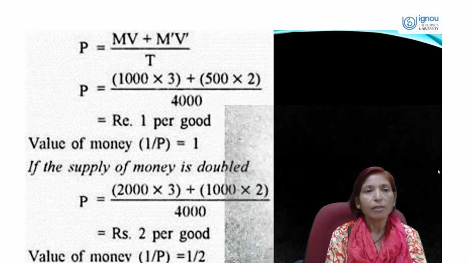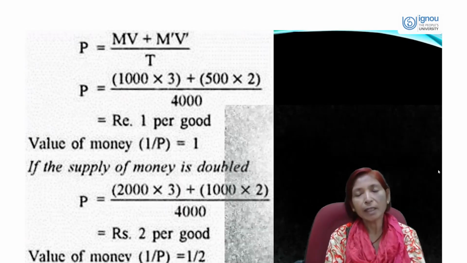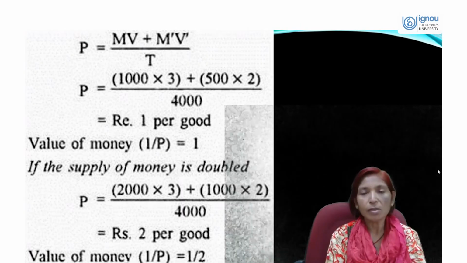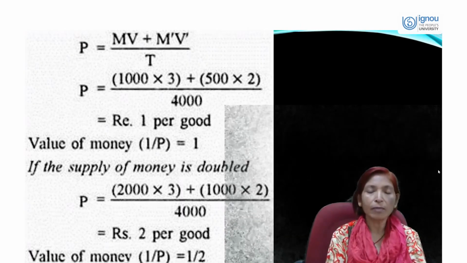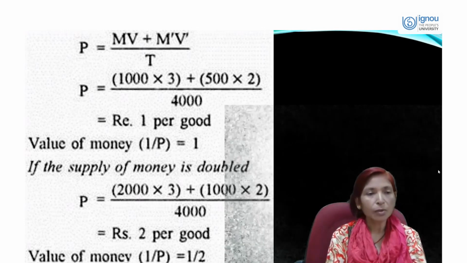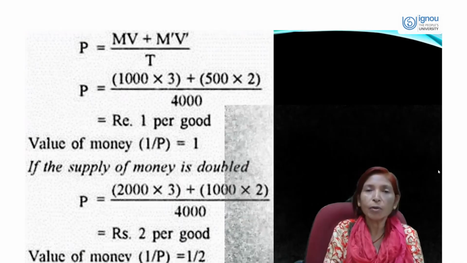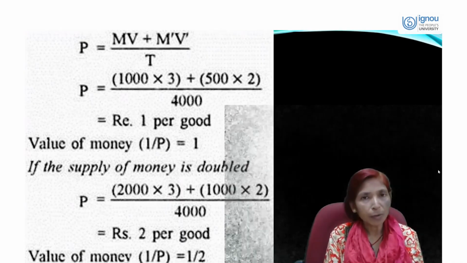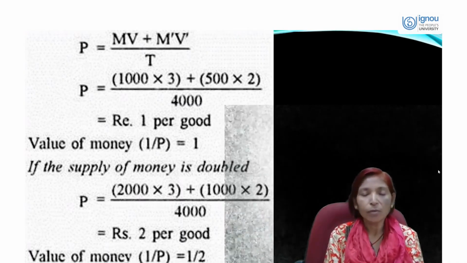So 1000 into 3 is 3000, plus 500 into 2 is 1000. 3000 plus 1000 is 4000, and 4000 divided by 4000 is 1 rupee. So price is 1 rupee per good. The value of money is 1 upon P, which is 1 upon 1, equal to 1.